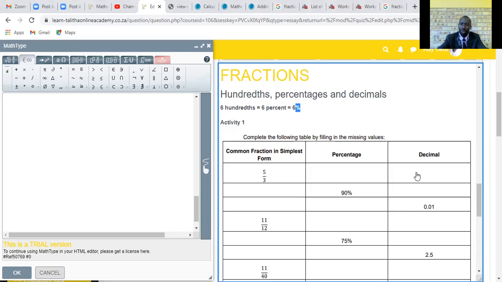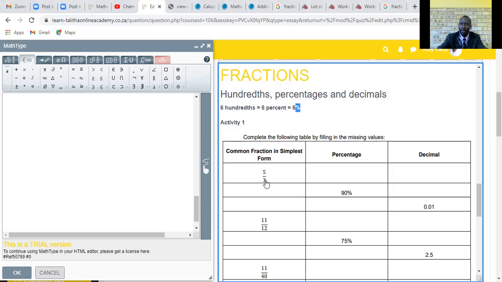And now in this case, we want to see how to express a fraction as a percentage. So that is what we are looking for. So this is activity 1, and in this activity 1, we are supposed to complete the table by filling in the missing values.